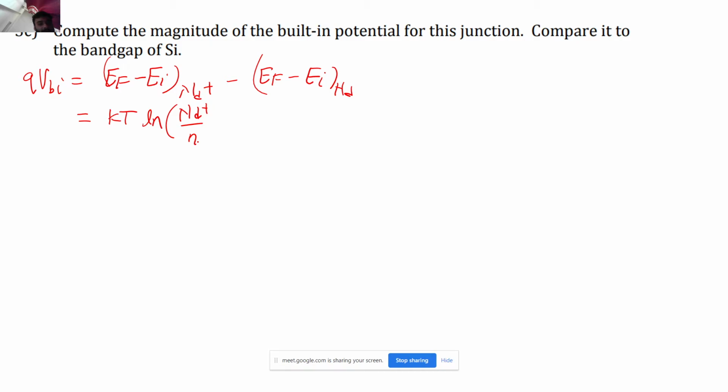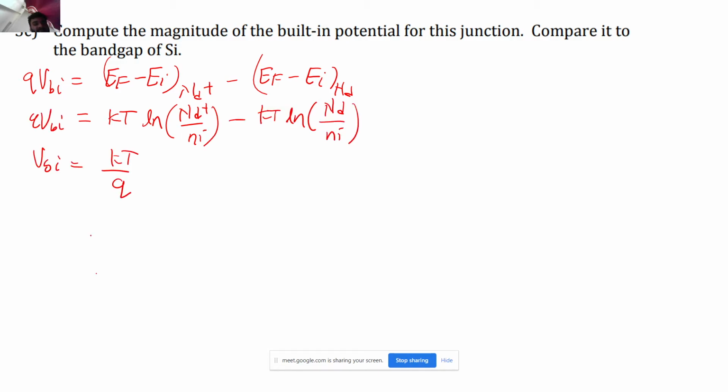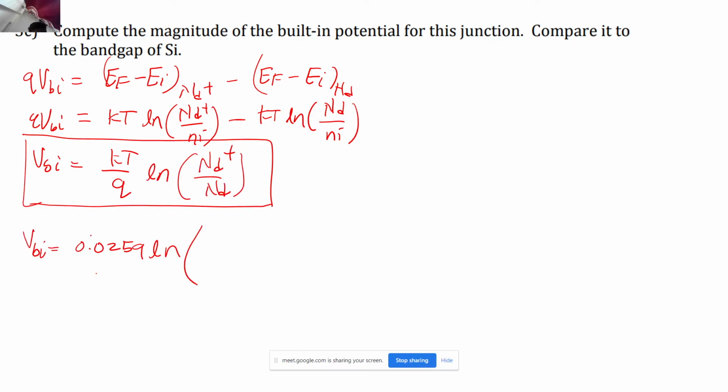So VBI becomes KT by Q. The two subtractions of the ln I am just going to divide inside. So this will become ln of ND plus by ND. This is the formula for the built-in potential that we have got for an isotype junction. Now we will substitute the values, because we have to find the numerical value: 0.0259 ln of, let me look at the concentration once again.